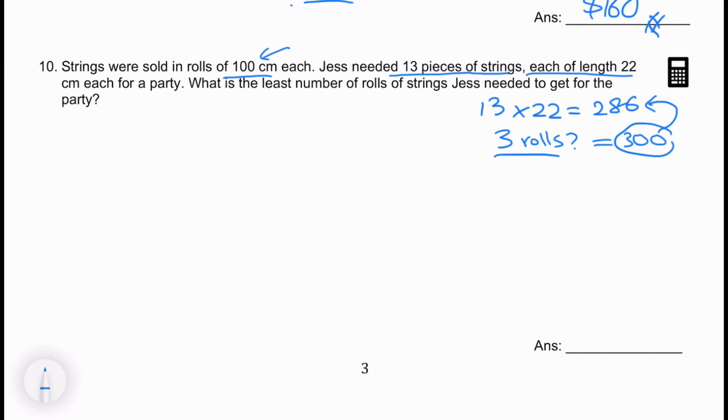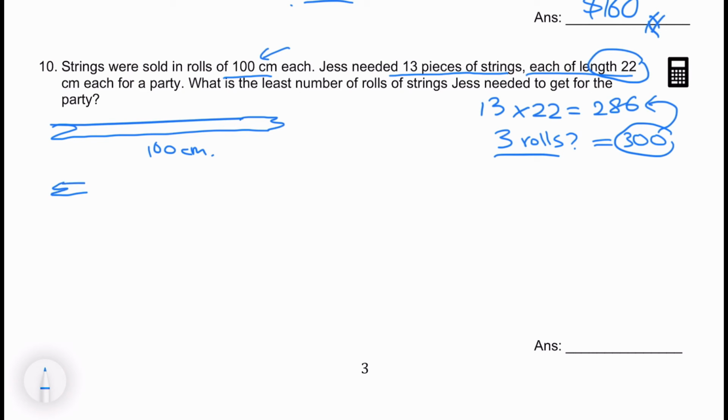Okay, now we need to think in terms of ribbon. Each of this ribbon was sold in 100 centimeters. And every time Jess needed a complete 22 centimeters for a party. So I cannot add that up. I cannot add 13 times 22.